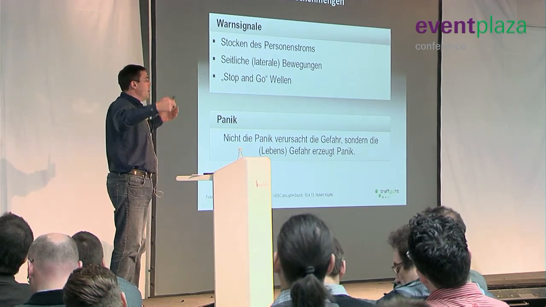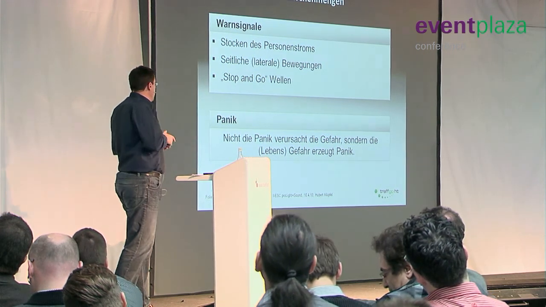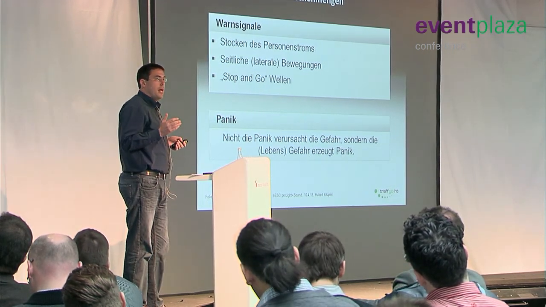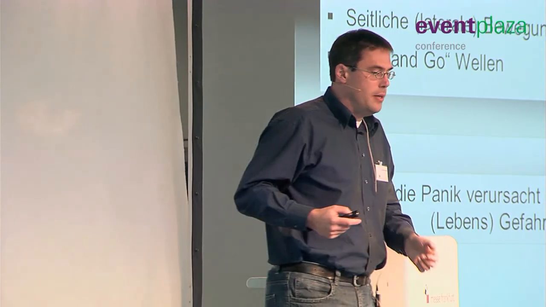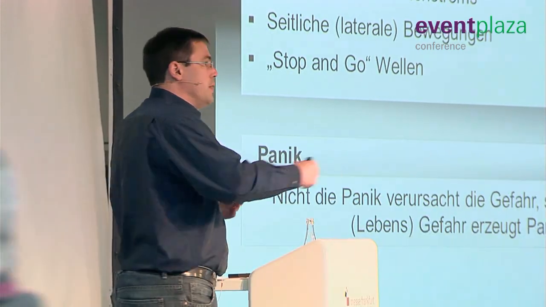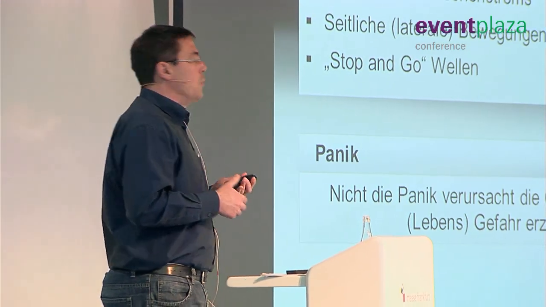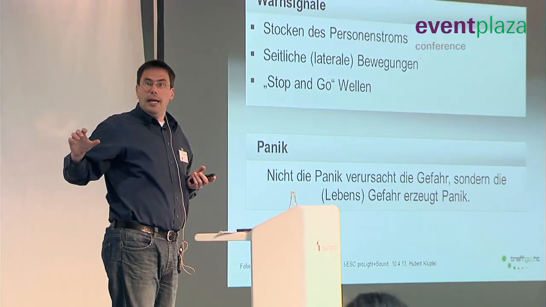And then you have to look at the crowd of people in the right way. For instance, if you look at them from a balcony, but you look at the crowd in a diagonal fashion, you will not be able to determine the density of people. So you'd better go by warning signals, such as congestion phenomena, or the flow of people coming to a halt, or stop-and-go waves, or lateral movements of the crowd.